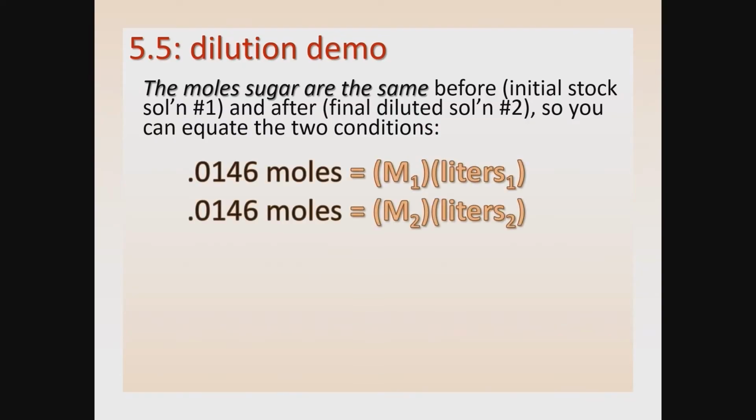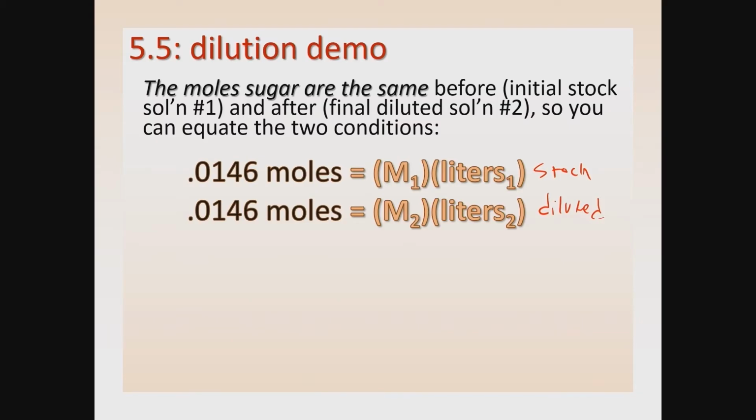As I pointed out before, the stock solution, which is represented by this first equation, had 0.0146 moles, related to the molarity of the sugar in that volume of water and the volume of the water. And then for the second diluted solution, it's the same amount of moles, 0.0146, because it came from the stock. But this time it's going to be related to a different concentration and a different volume.